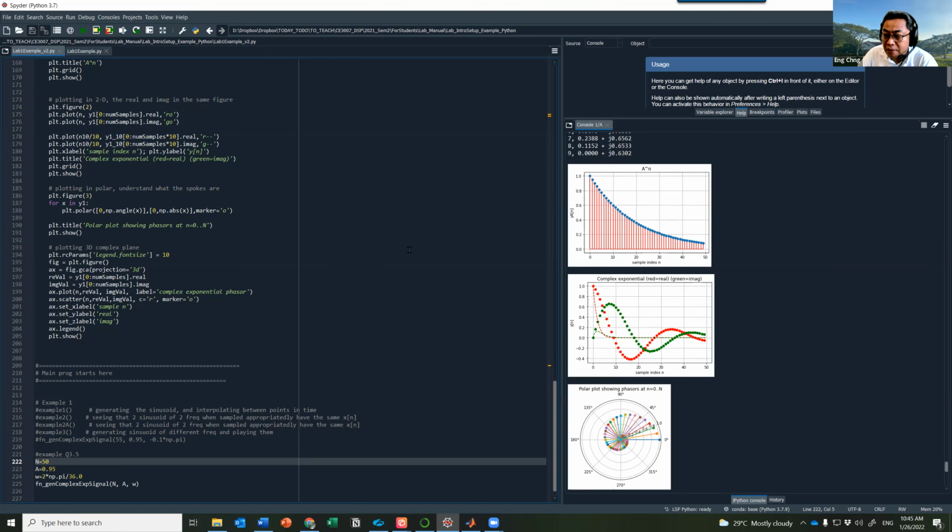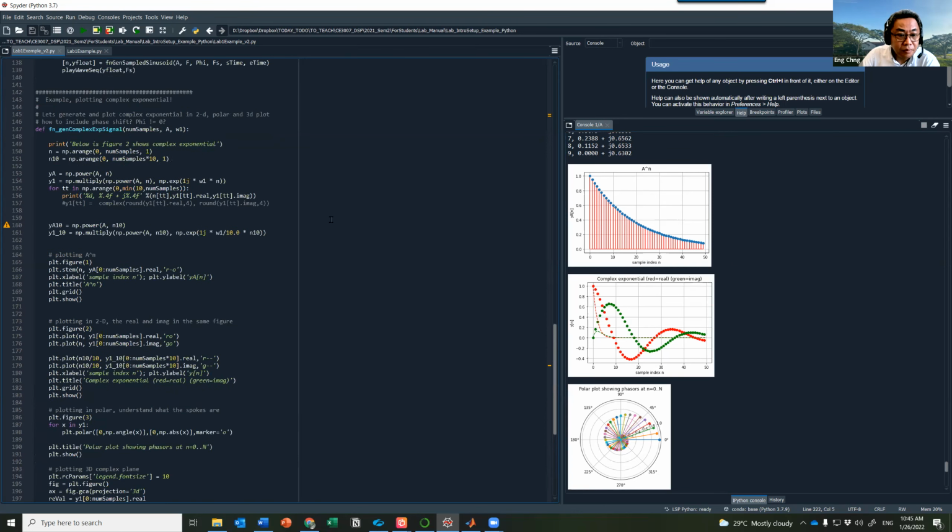All right, now I want to plot the real and the imaginary. Where's my real and imaginary? I think I better remove some of these figures. So when I want to plot my real and imaginary, I need to remove these.